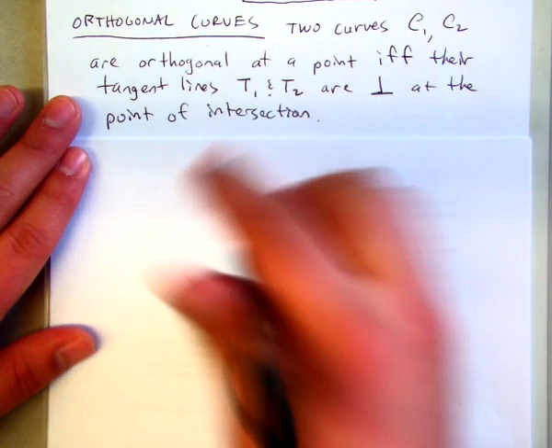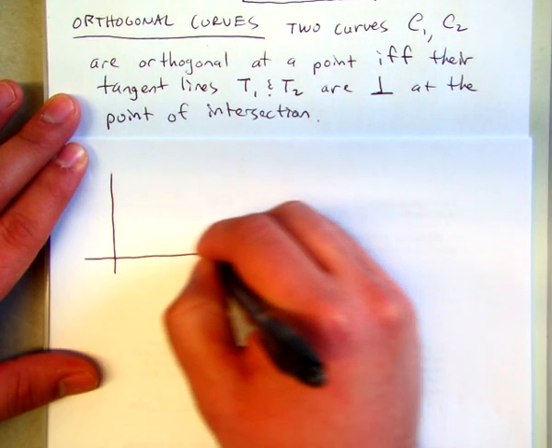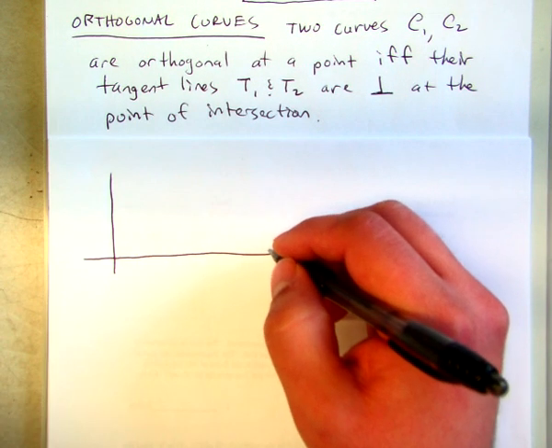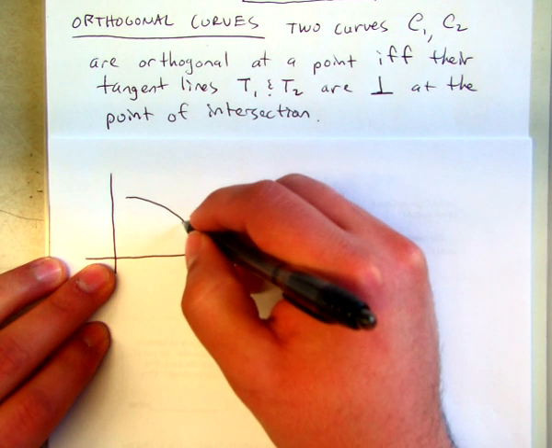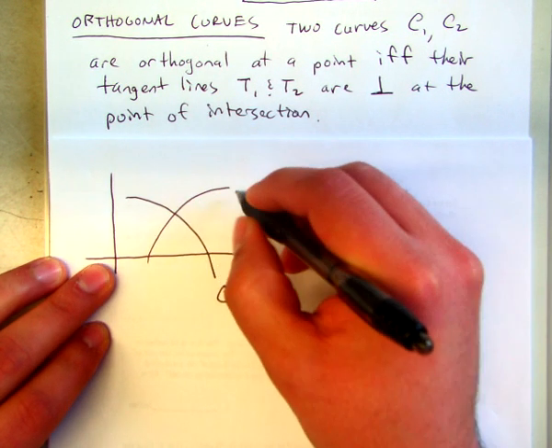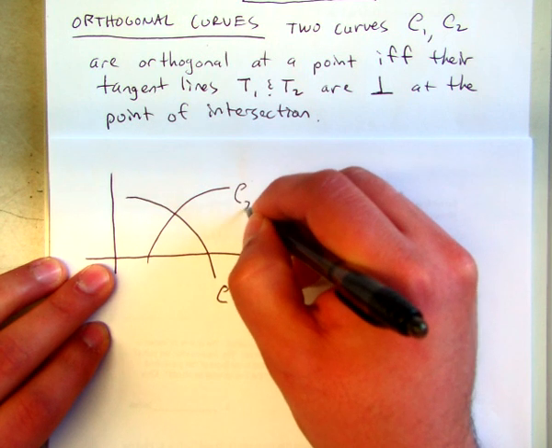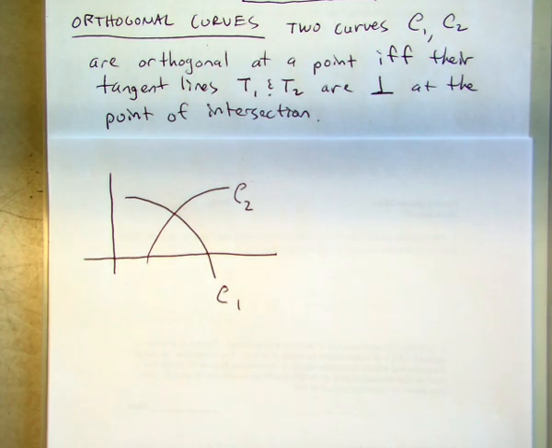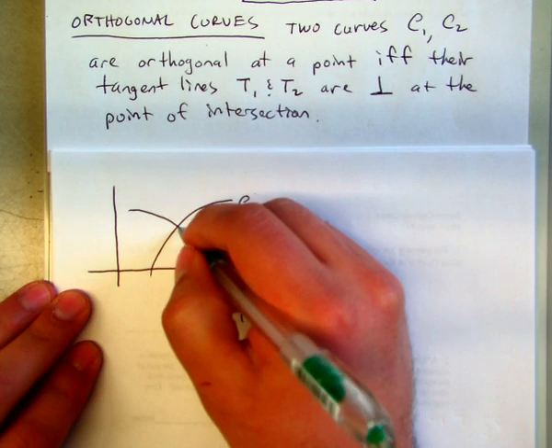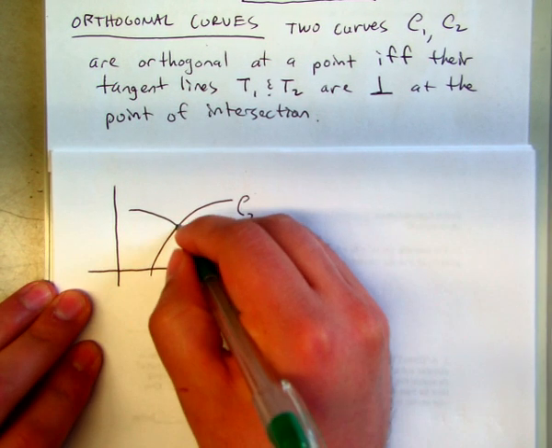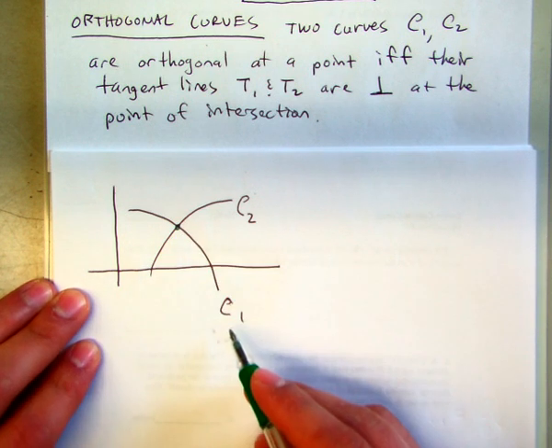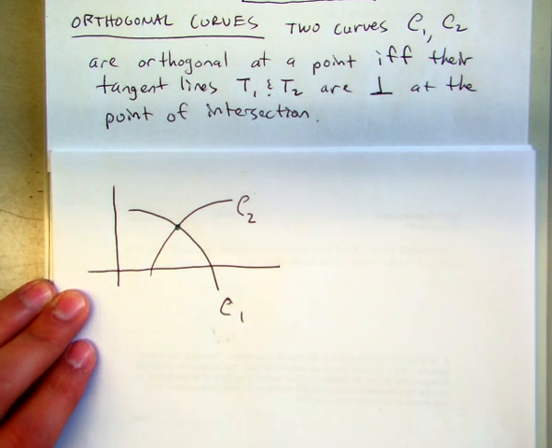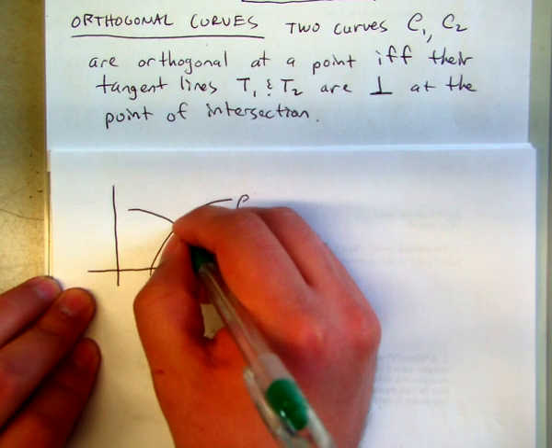So, just to illustrate what this means, let's say we have curve 1. Let's say this is curve 2. And the question is, right here at this point of intersection, we want to know if these two curves are actually orthogonal to one another. Okay, we can do that as long as we know their tangent lines.